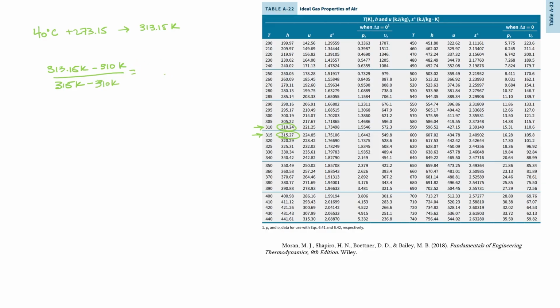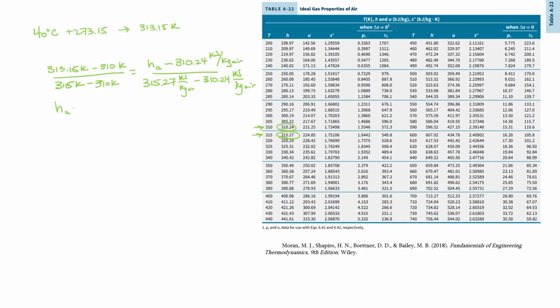is going to be equal to the H of air that I'm after minus my 310.24. And this is in kilojoules per kilogram air divided by 315.27 kilojoules per kilogram air minus 310.24 kilojoules per kilogram air.